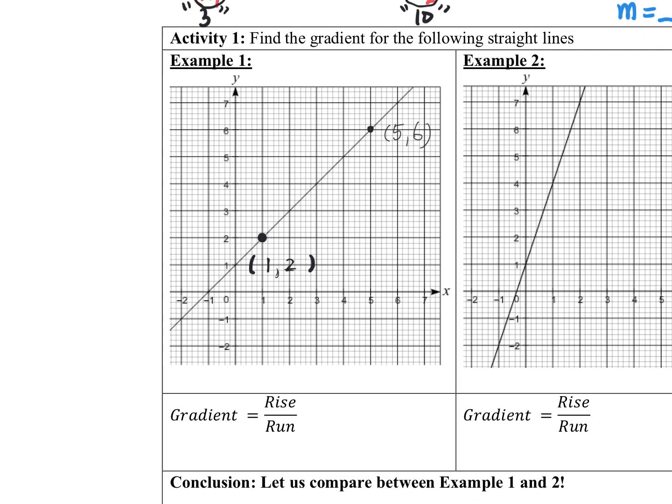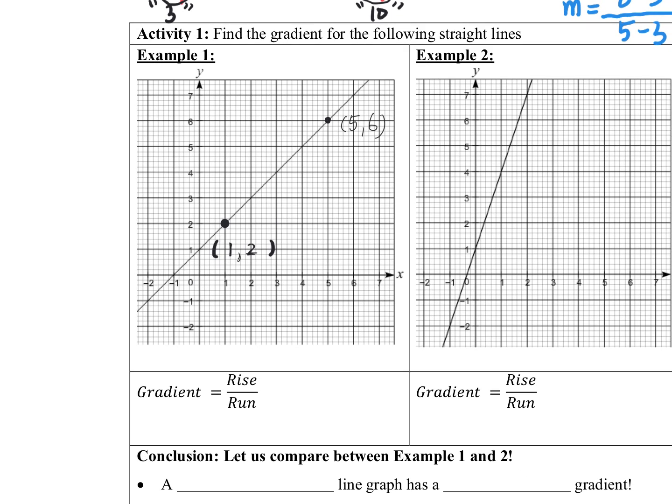So if I want to calculate gradient, I need my rise, right? So rise is this part. So from 2, I rise up to 6. So to find rise is 6 minus 2, which is 4. So my rise is 6 minus 2. Okay, what about my run? I run from point 1 to point 5 here.